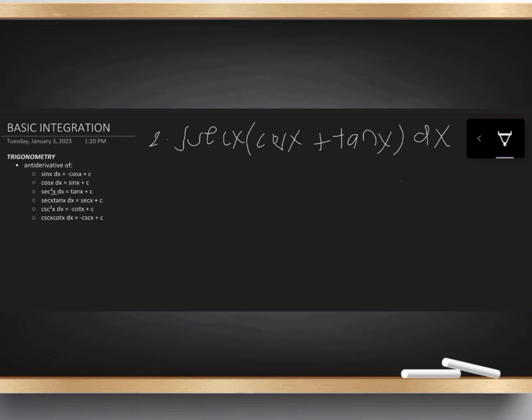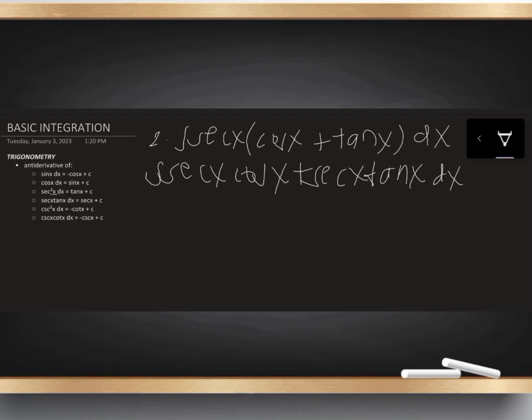So let's do that. So we will have the integral of secant x cosine x plus secant x tangent x dx. So as we can observe with our new problem, we already have secant x tangent x. So we can just say that it's secant x.